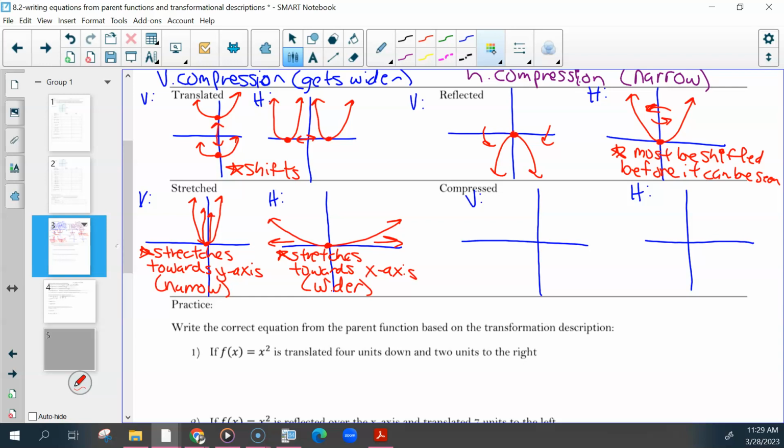We can say it's shrinking away from the y-axis, which is why it gets wider. I didn't draw it as wide as the horizontal. I'm trying to prove different points, but you could have that be fine. So I could say this shrinks or compresses away from the y-axis.